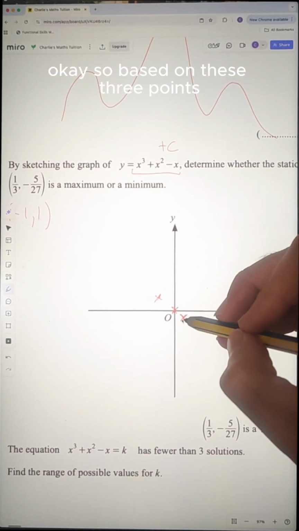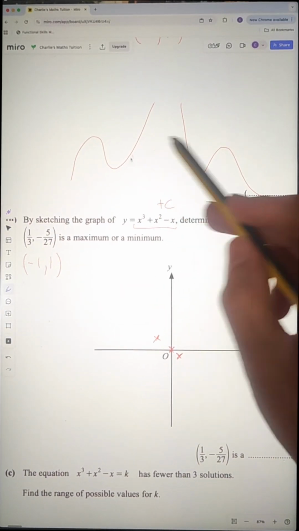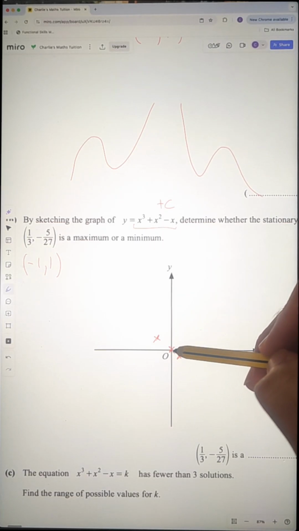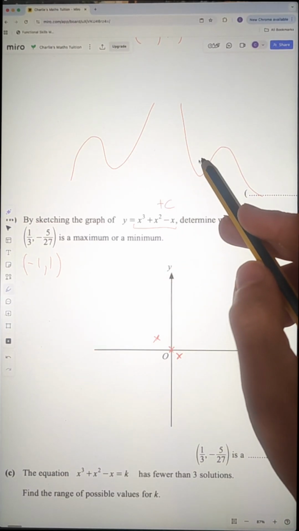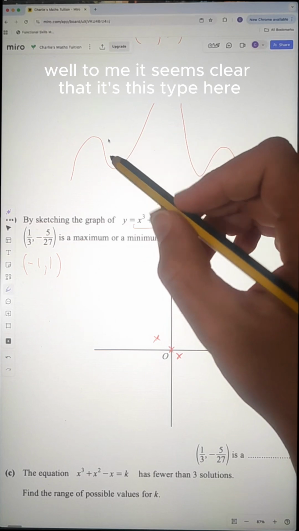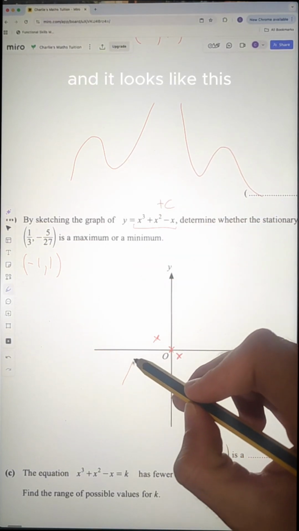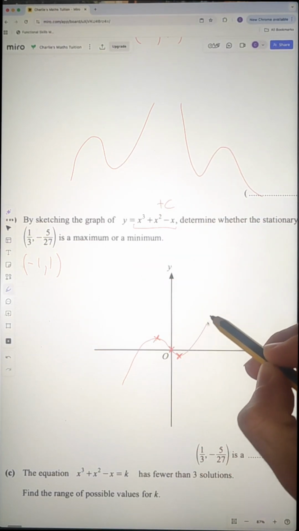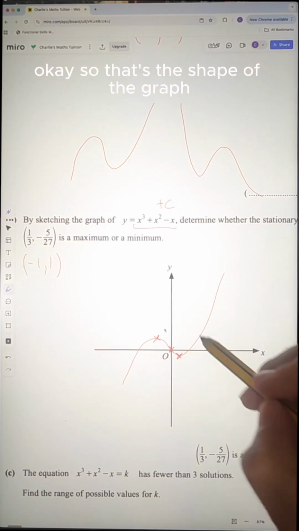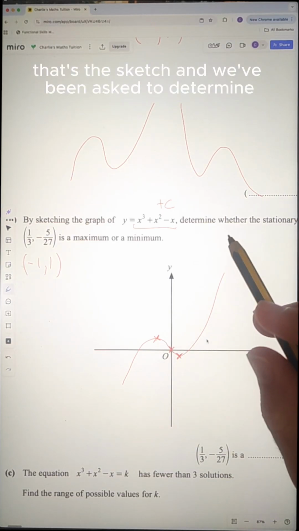Okay, so based on these 3 points, and the fact that the y-intercept goes through 0, which graph type am I going to choose? Well, to me it seems clear that it's this type here. And it looks like this. Okay, so that's the shape of the graph. That's the sketch.